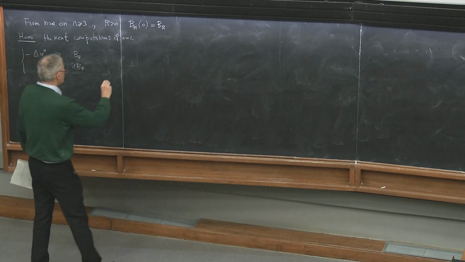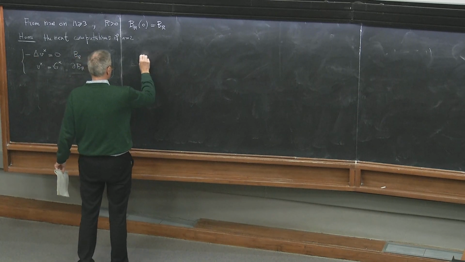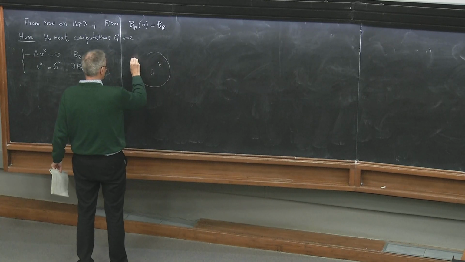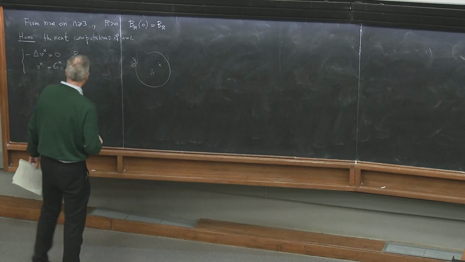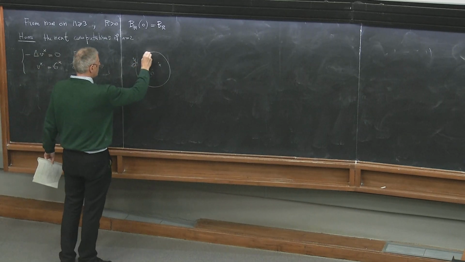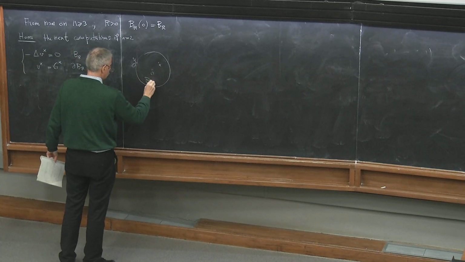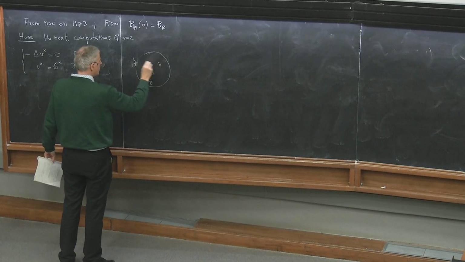So the claim now here, I mean, we are in this situation. We have center, x, y is running around. So y is the coordinate symbol for a point on the boundary of Br. X is inside.